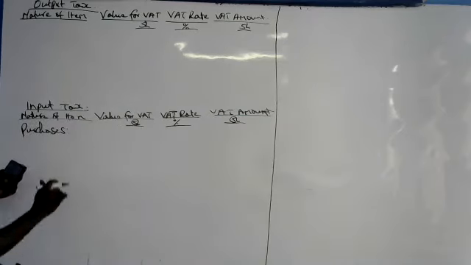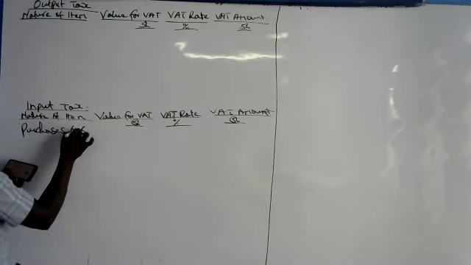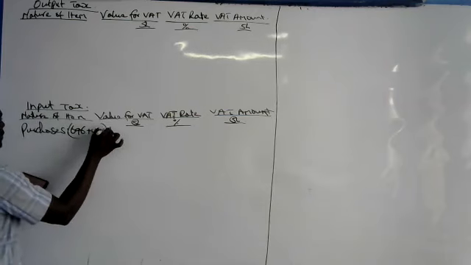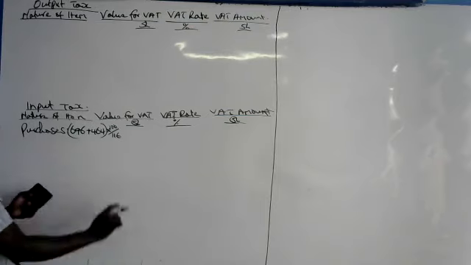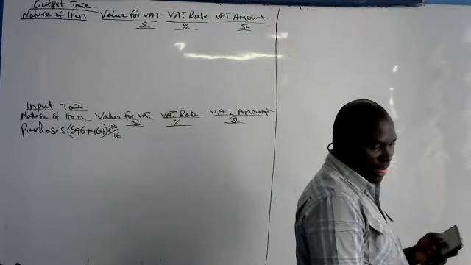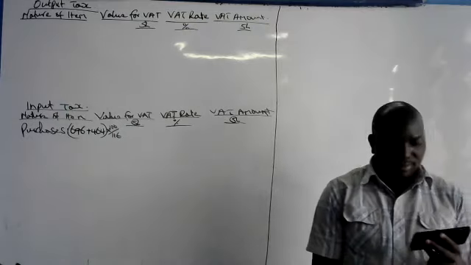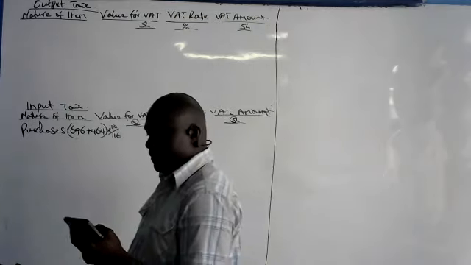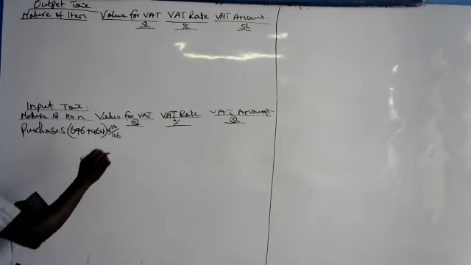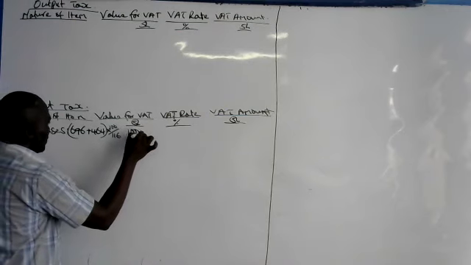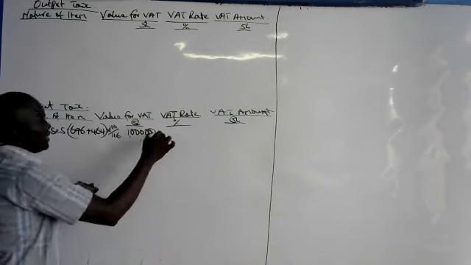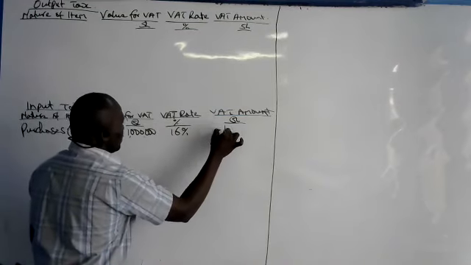Umenunua 696 plus 464 times 100 over 116. That is 1 million here. 16% is 160?